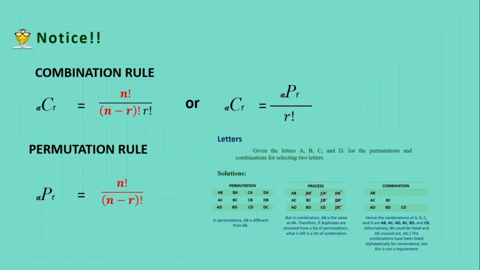For each two letters, there are two permutations but only one combination. Hence, dividing the number of permutations by r factorial eliminates the duplicates. This result can be verified for other values of n and r. Note that the combination of n to n must be equal to 1.